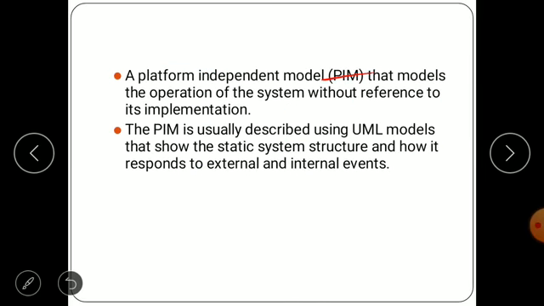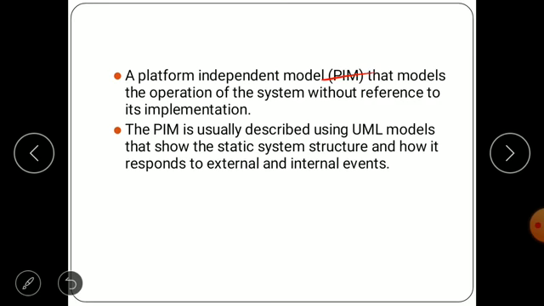Next, we are going to move on to PIM, the platform independent model, that models the operations of the system without reference to its implementation. Here we are going to model the operations, we are not going to refer to the implementation.